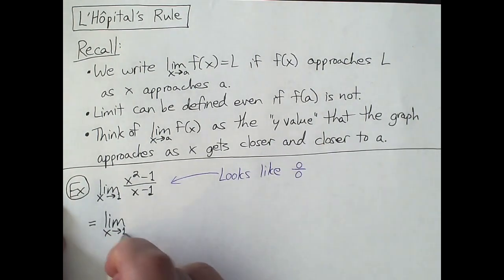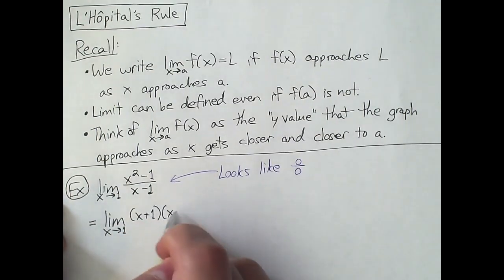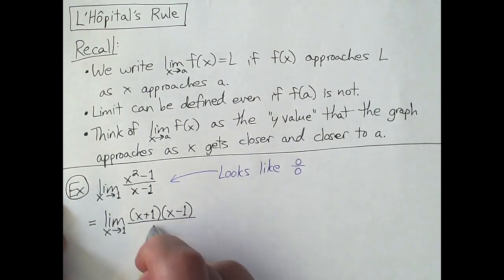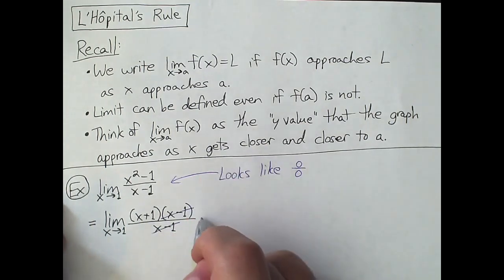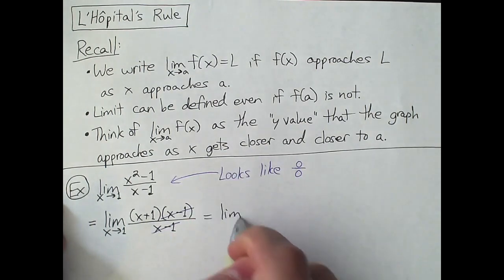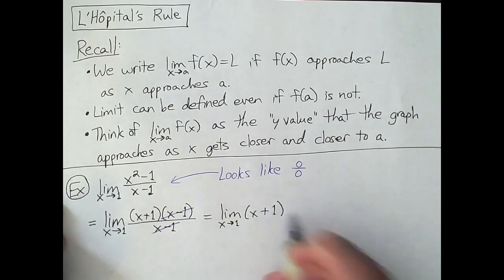We factored and canceled. We said, hey, that numerator factors into this. And once you factored it, it's okay to cancel those terms. Limit as x goes to 1 of x plus 1. It's a lot simpler now.